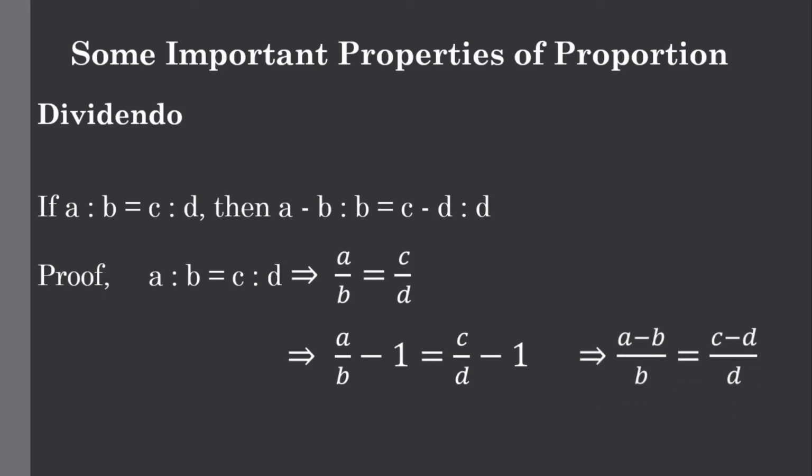On writing this, I get A minus B in the numerator and the denominator is the LCM, that is B. On the other side, I get C minus D divided by D. If I write that in proportion form, I get A minus B is to B is equal to C minus D is to D. And this we call dividendo.